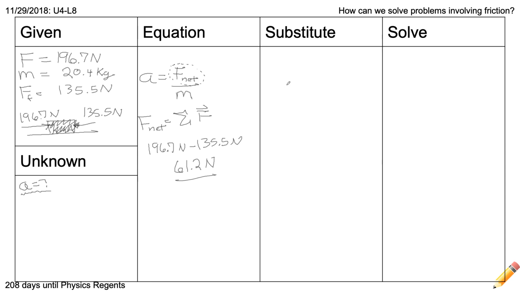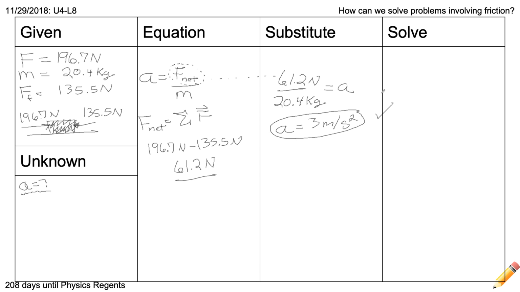Now I can take that 61.2 newtons, plug that in for F net. I can take my 20.4 kilograms, and that should give me my acceleration. No algebra needed. I can just do my straight substitution. And so now I will end up with a equals 3 meters per second squared.